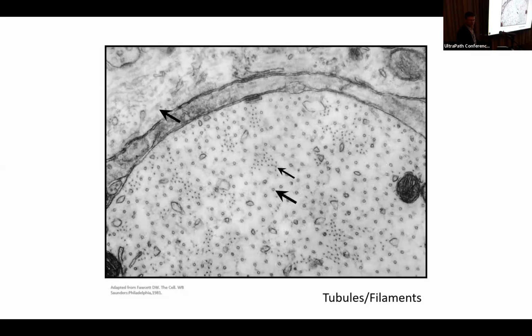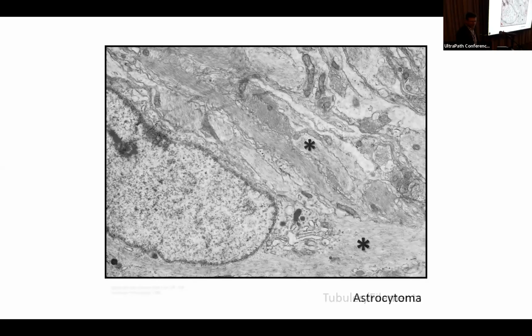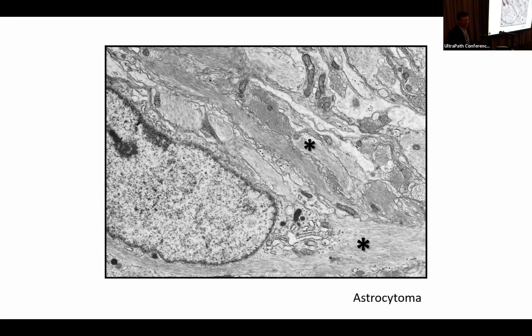Here, the identification of microtubules, seen here in cross section and profile, the larger ones there, and then less well in the longitudinal section, can provide some important diagnostic clues, as can the observation of cytoplasmic filaments.